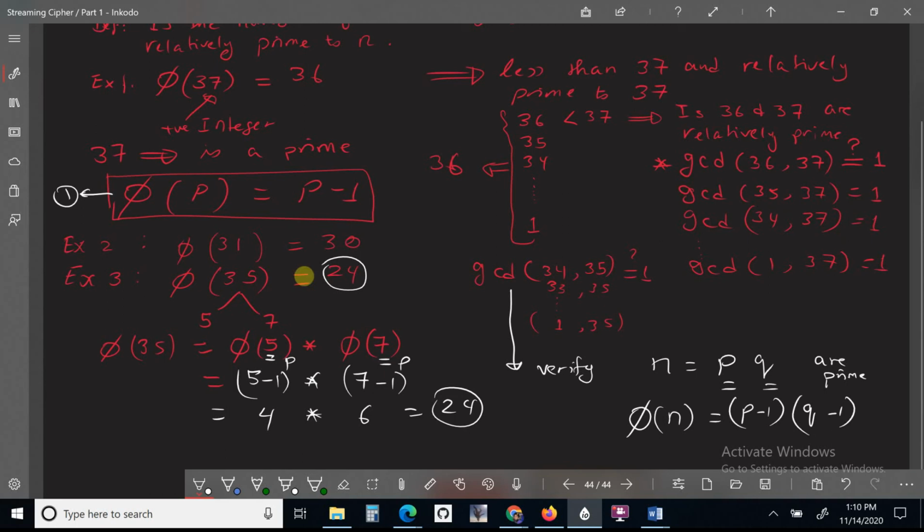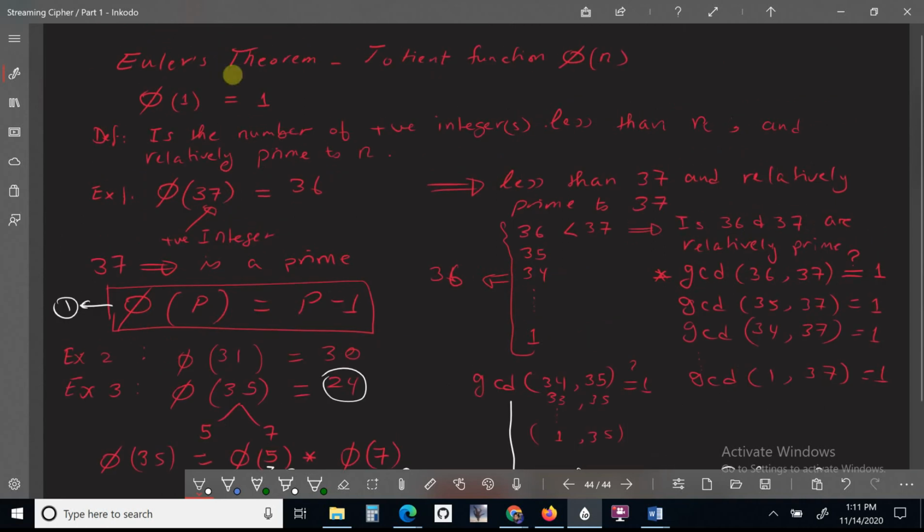And of course, this is utilized in cryptography, specifically in RSA cryptography, Rivest, Shamir, Adleman, public key, private key cryptography. Okay, so this is about the totient function.